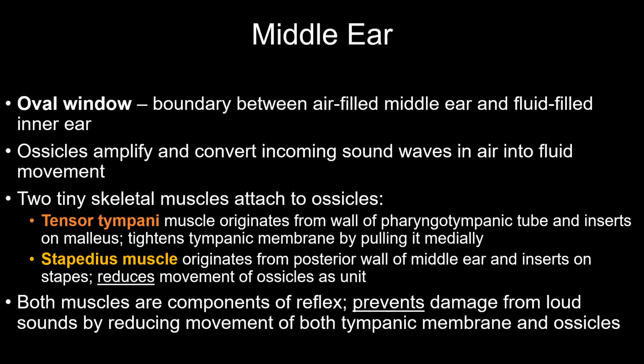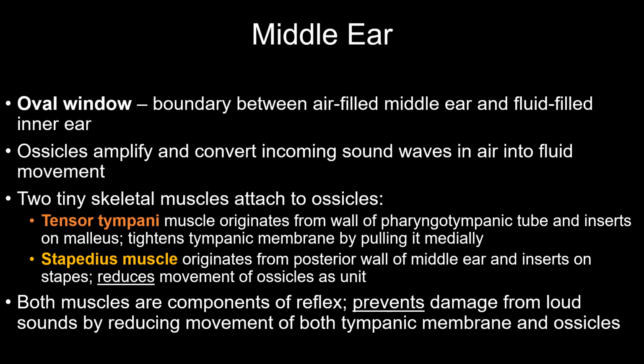Now, there are two very small skeletal muscles attached to these ossicles. They're the tensor tympani muscle and the stapedius muscle. The tensor tympani muscle actually has its origin on the walls of the pharyngotympanic tube, and then it inserts on the malleus, and it tries to pull on the tympanic membrane to pull it medially and put some tension on it.